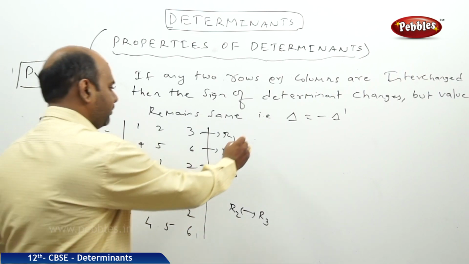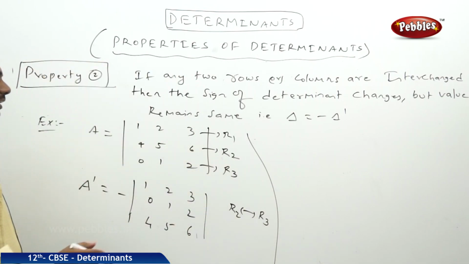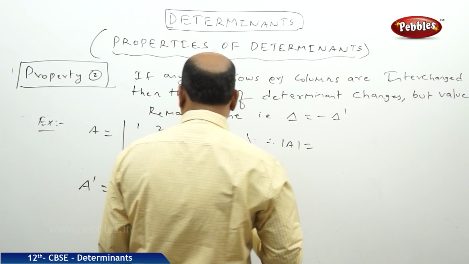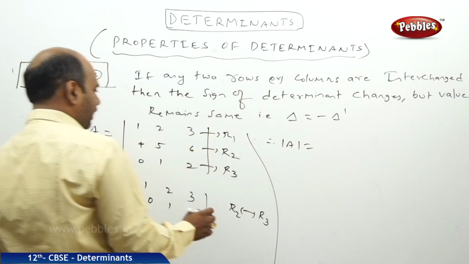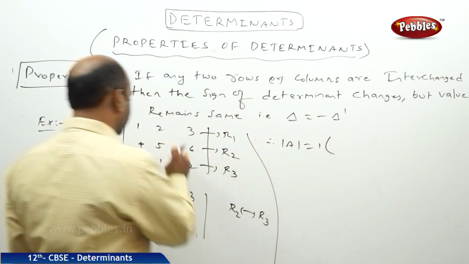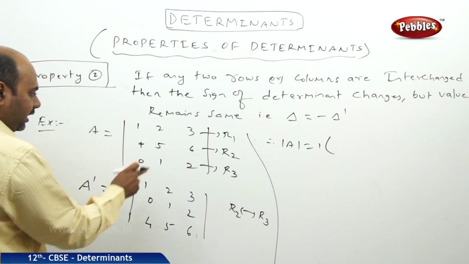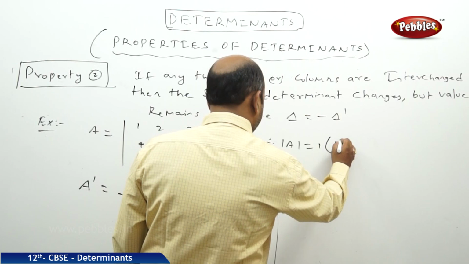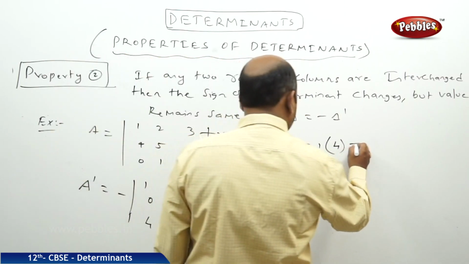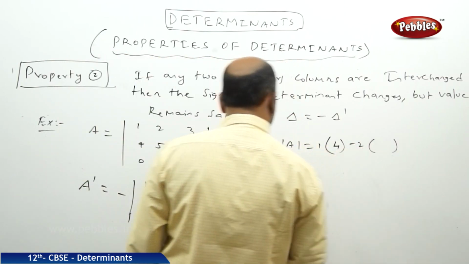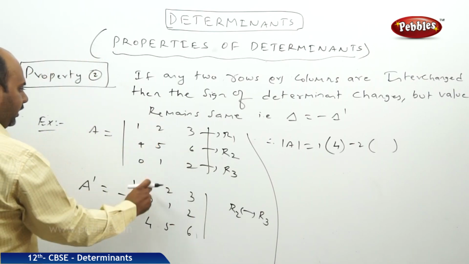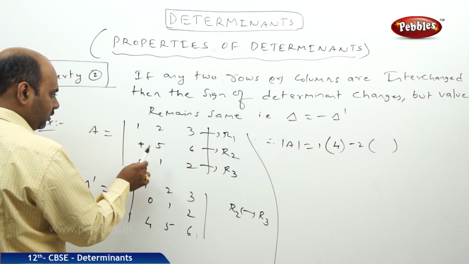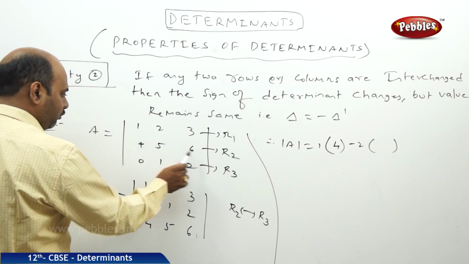So finally, we shall calculate and verify. I will find the determinant of A here. So 1 into its minor; every time I won't write it out, I will calculate directly. 5 into 2 is 10, 10 minus 6 is 4. Next, minus 2 into its minor. Minus 2 into its minor means we delete the corresponding row and column, so we find the minor of 4 6 0 2.